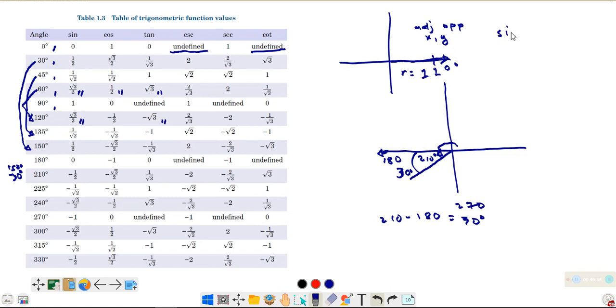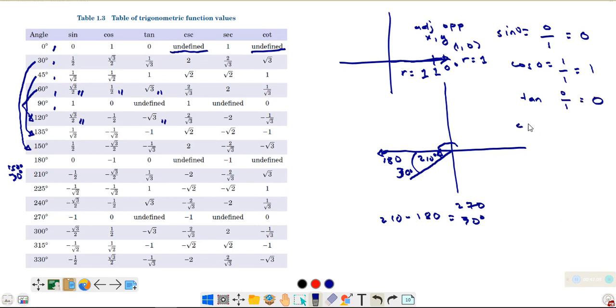So, kung magko-compute ka ng sine, your coordinates here will be 1 and 0. Tapos yung r mo is also equal to 1. So, your sine is 0 over 1 or 0. Your cosine 0 is 1 over 1, which is 1. Your tangent is 0 over 1 or 0.